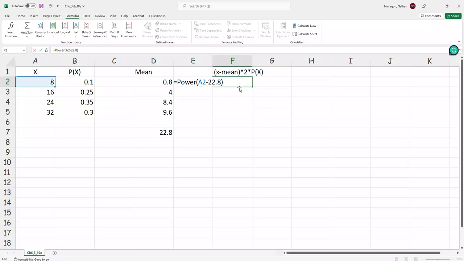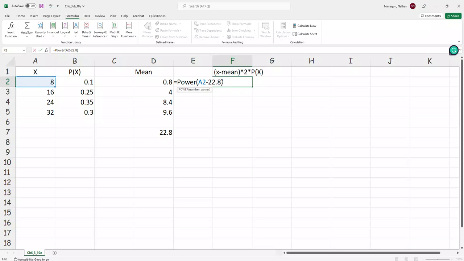Now, if I wanted to, I could select 22.8, but you have to make sure that you have 22.8 going straight down for how many x's you have. But this is fine right here since we're not really changing the formula at all. We can always fix it later.